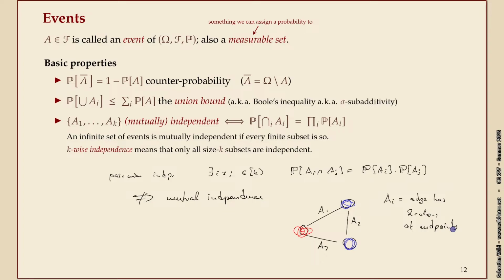And then among this set A1, A2, A3, it's two-wise independent or pairwise independent, but not mutually. Okay, just a small example to make that point. You've probably seen some examples before.